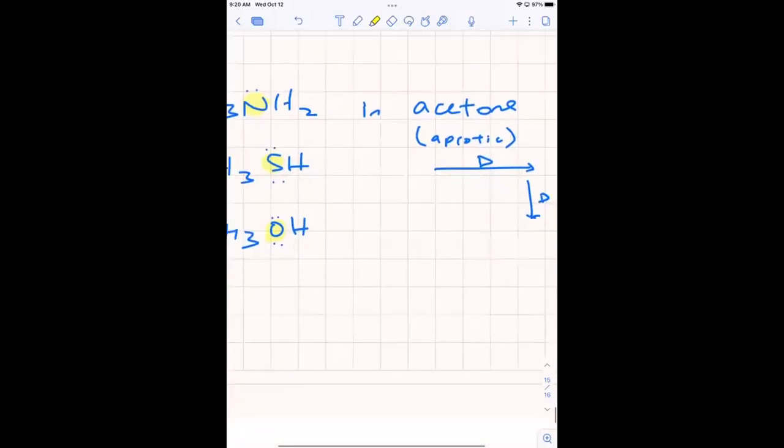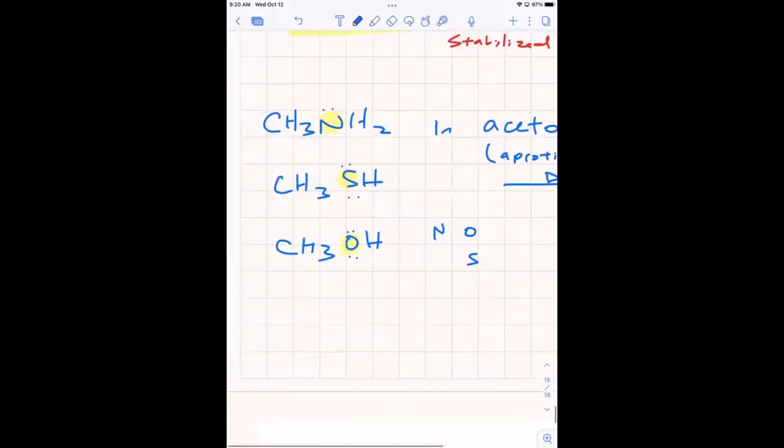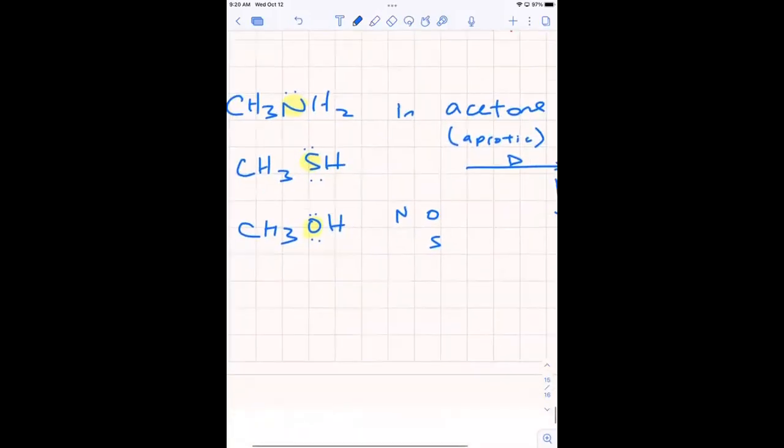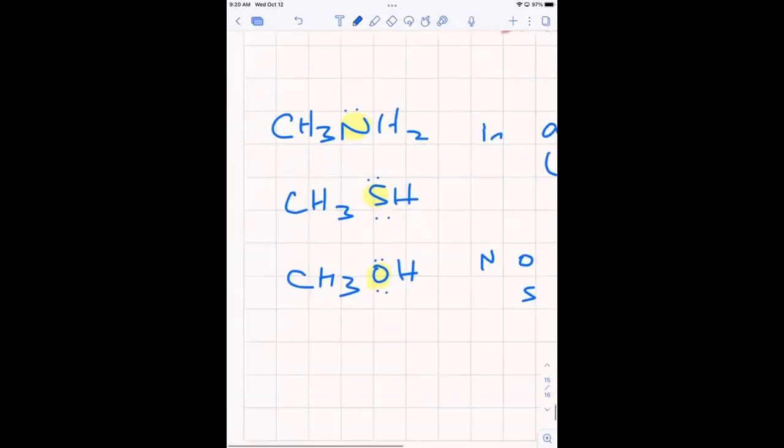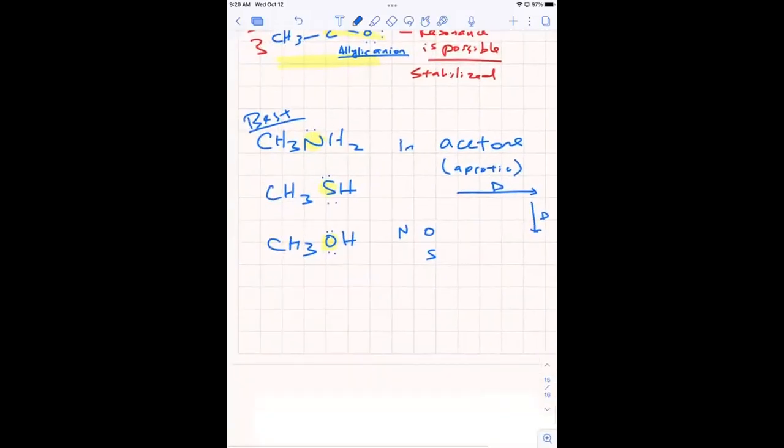In the periodic table, it is nitrogen, oxygen, and then sulfur. All right, so which one is the best? If it decreases from nitrogen, good, excellent. So this is the best. And then which one is the worst? Sulfur.